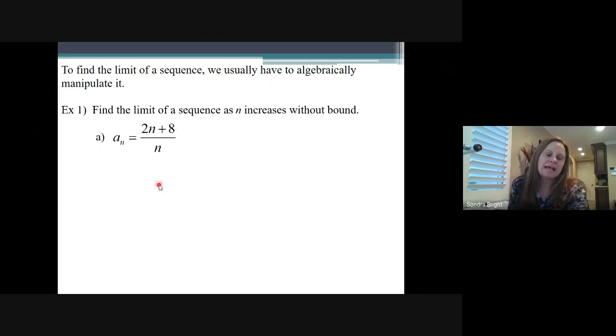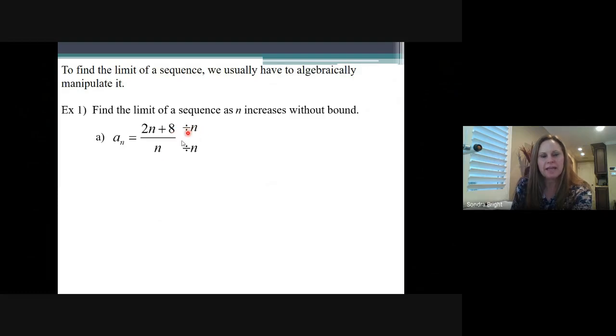Here's the algebraic manipulation, the little trick: I'm going to divide by the variable in the denominator, the bottom guy. If there's more than one, I'm going to divide by whatever is the variable with the highest power. There's only n here, so I'm going to divide the top and the bottom by n.